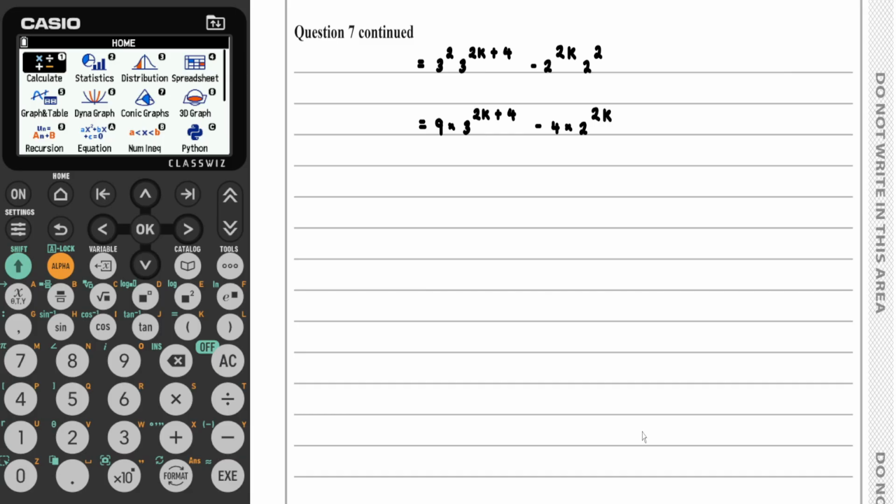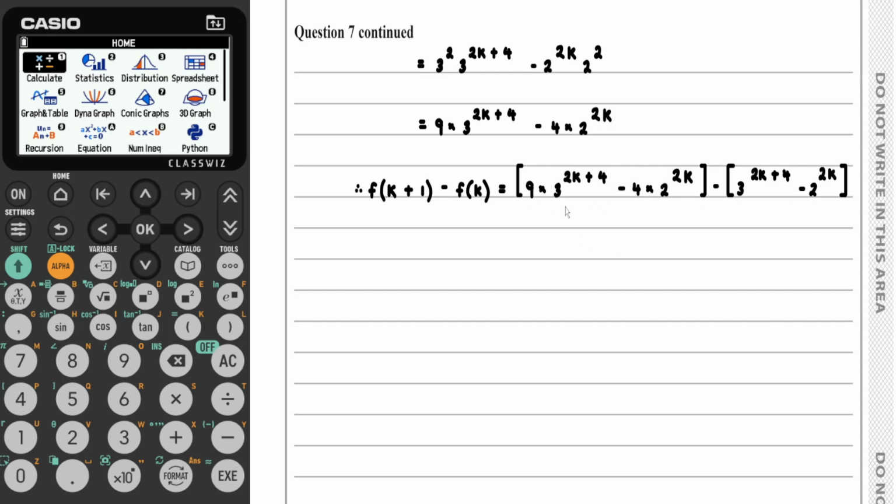So now if we work out what f of k plus 1 subtract f of k is, we've got f of k plus 1, which is 9 times 3 to the power of 2k plus 4, subtract 4 times 2 to the power of 2k, subtract f of k, and f of k is 3 to the power of 2k plus 4, subtract 2 to the power of 2k.